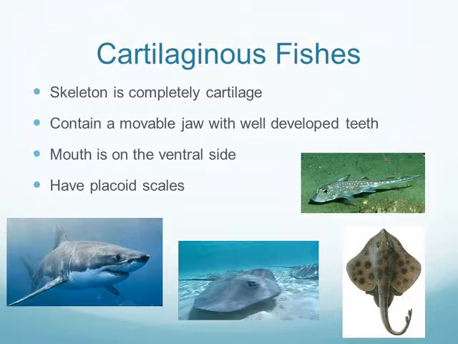Next, cartilaginous fishes have their mouth on their ventral side. So when you look at those stingrays and manta rays, it's on the bottom of their body versus their eyes are on the top, right? And all of these types of fishes have what's known as placoid scales.